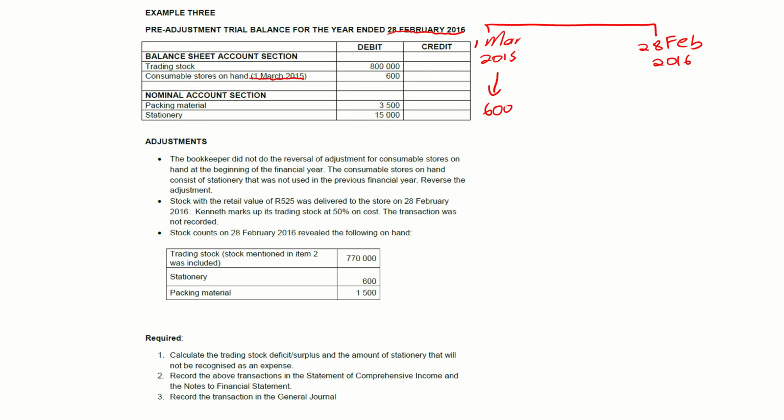Under nominal account section, we've got the following expenses: packing material, which is 3,500, stationery, which is 15,000. Let us read the adjustments.